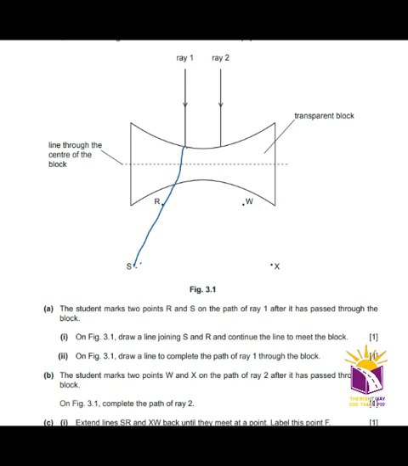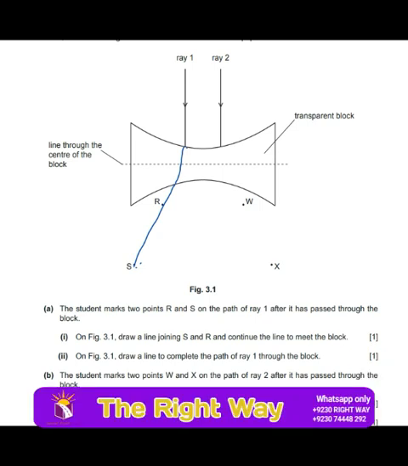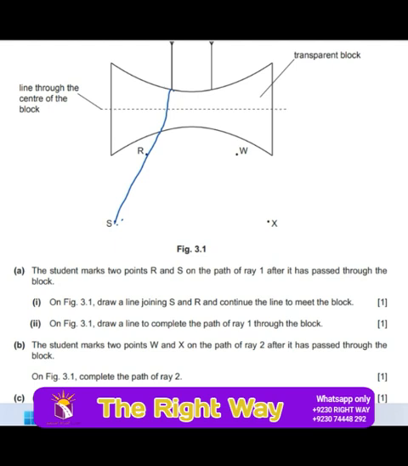The student marks 2 points W and X on the path of ray 2 after it passed through the block. On figure 3.1, complete the path of ray 2.